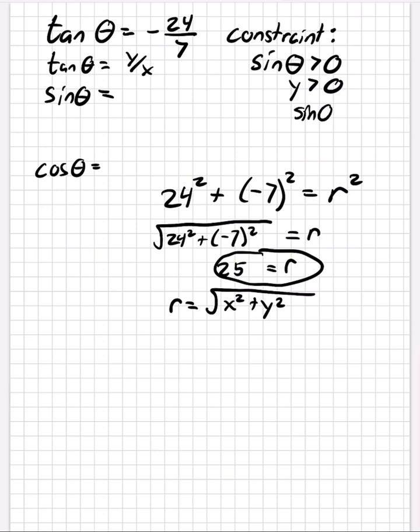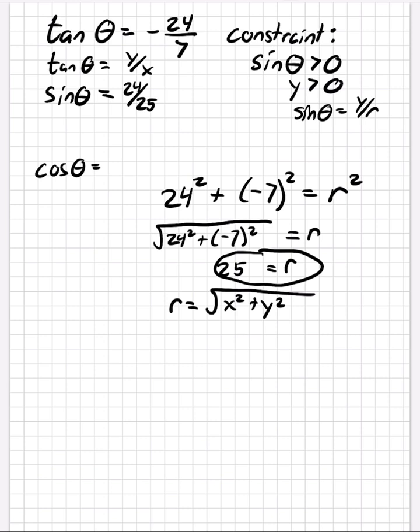Remember, so from that first list, sine is y over r. Well, I know that my y is positive. 25, of course, is positive. So therefore, the sine of this angle is 24/25.